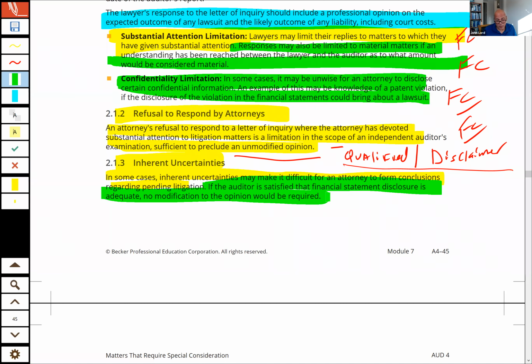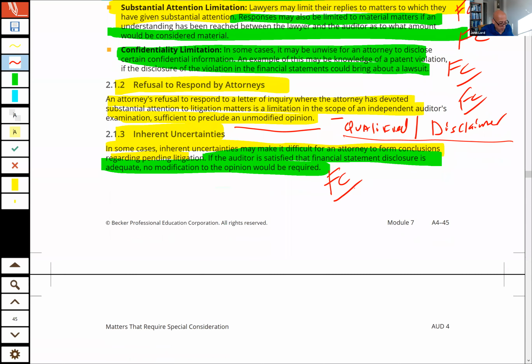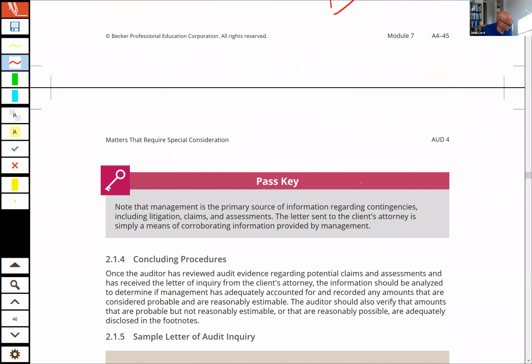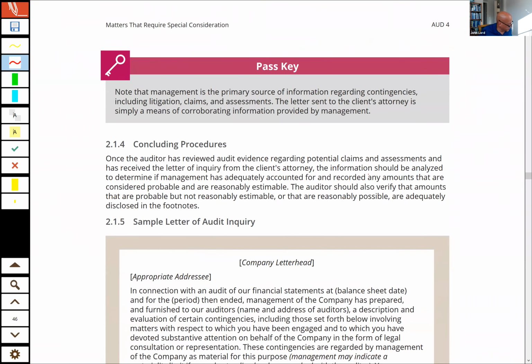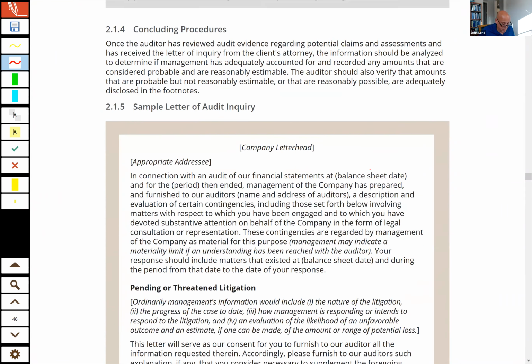That's within the accounting standards for them to disclose properly. And if they do, the auditor does not have to modify the opinion. You don't have to give a qualified or adverse opinion because they follow the rules. They tried to make the estimate, couldn't make it, and they disclosed that. Okay? Okay, good. Any questions? Okay, good.